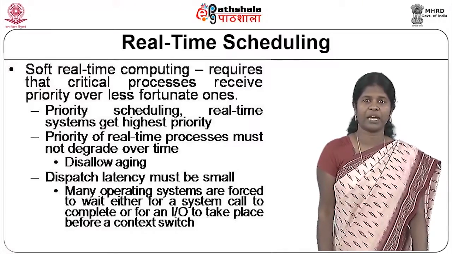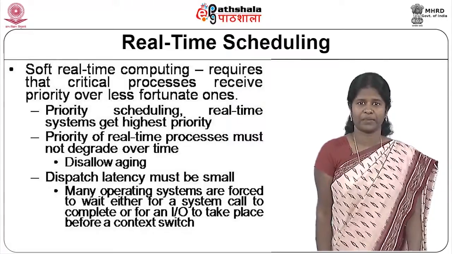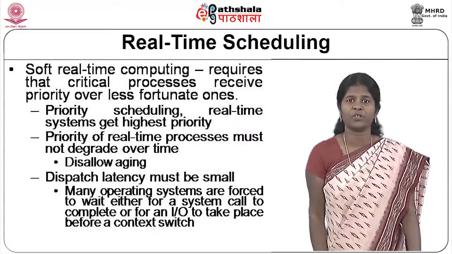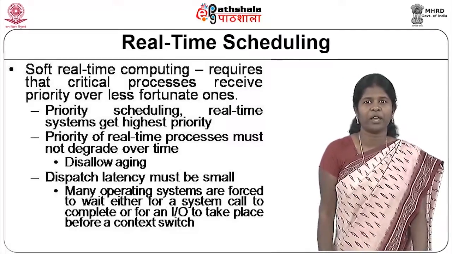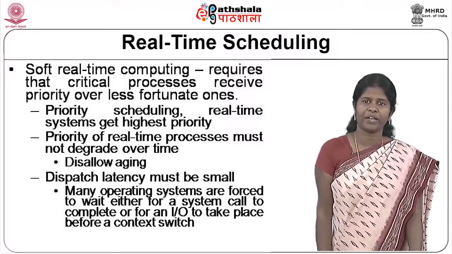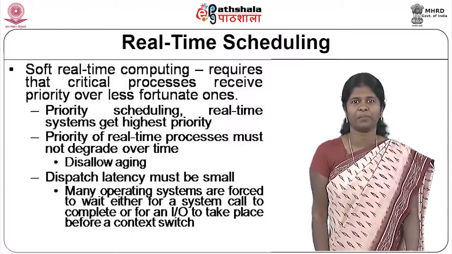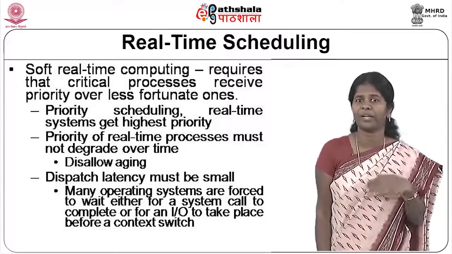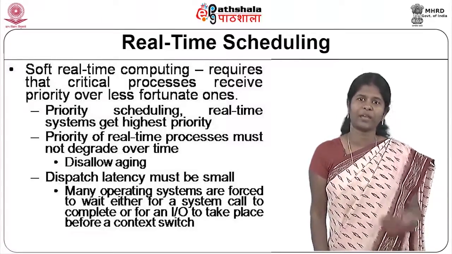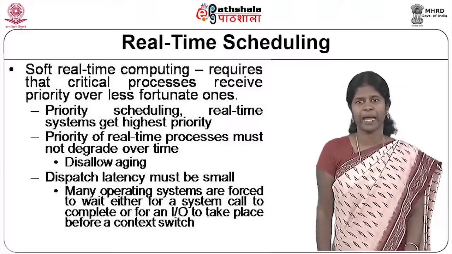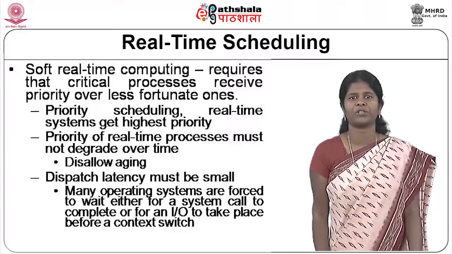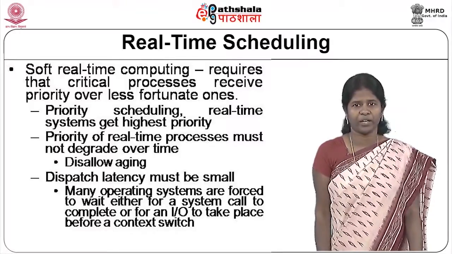The issue here is that the priority of the real-time processes should not degrade over time. That is, you should not allow aging. If you allow aging, then the other processes which are not real-time processes can get the CPU because their priority will be increased in due course of time, and they may come and compete with real-time processes, but that should not be allowed. So, the priority of real-time processes should not degrade over time.